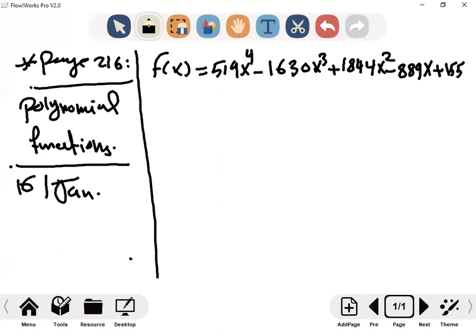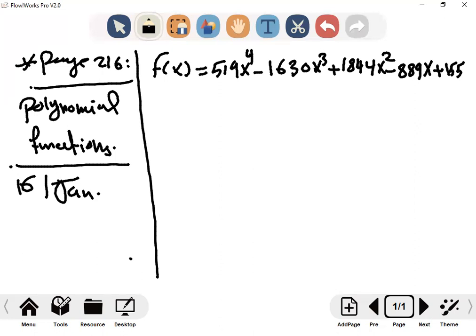We took that before the vacation, remember? So what is the leading coefficient? It is 519. The highest degree is 4. And this function is written in standard form, starting from degree 4, then 3, then 2, then 1 on x, and the 155 we call degree 0. Guys, we took these things before the vacation by 1 day, I think.